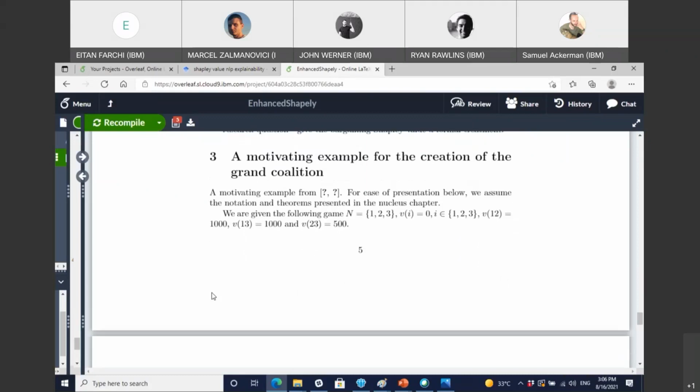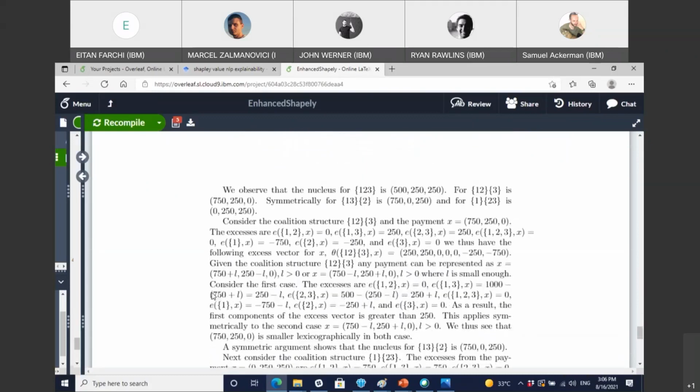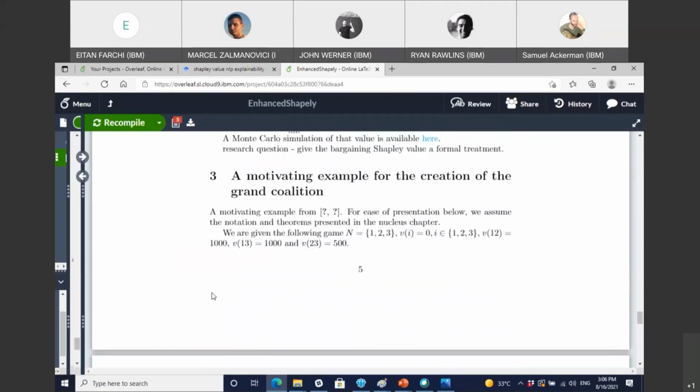Okay. And there's one other thing you need to decide, which is how much the coalition of 1, 2, and 3 can get.